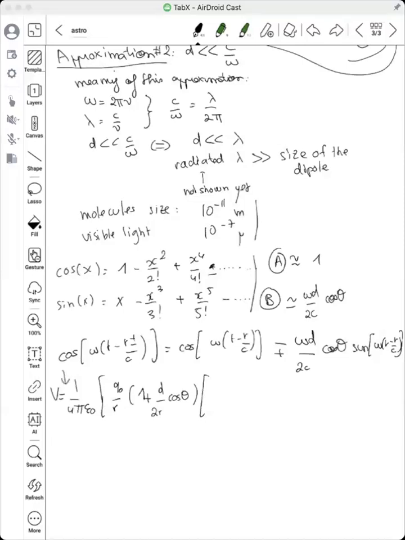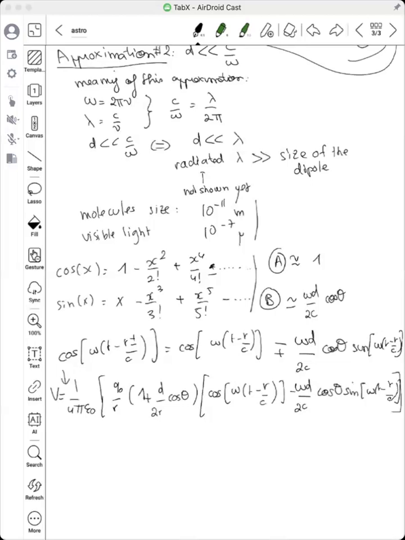So I have cosinus omega t minus r over c, minus omega d over 2c cos theta sinus of omega t minus r over c.